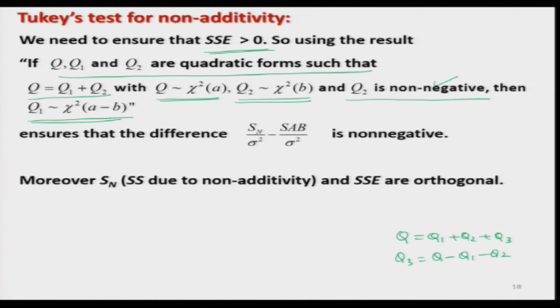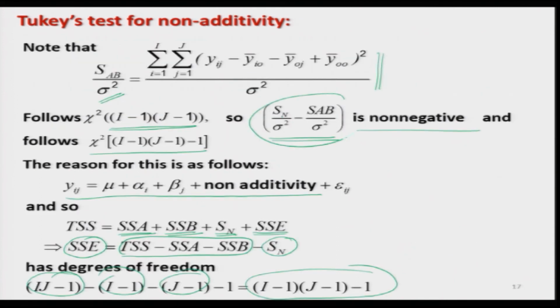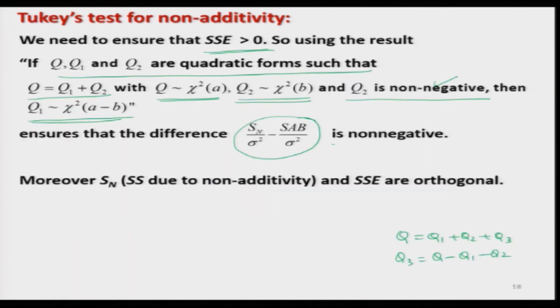And this result ensures that Sn upon sigma square minus SAB upon sigma square, which you have considered here, is non-negative, right. One can also prove that Sn, the sum of squares due to non-additivity, and SSE are orthogonal, right. So now you are done, you have done all the things.